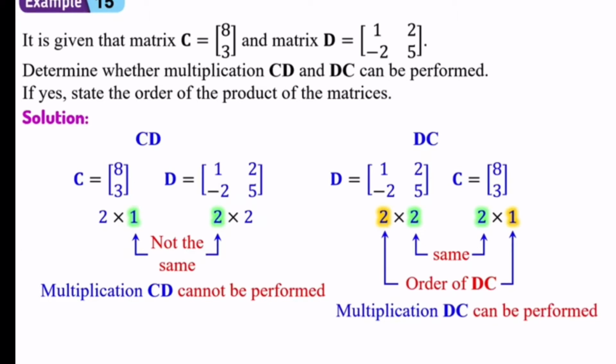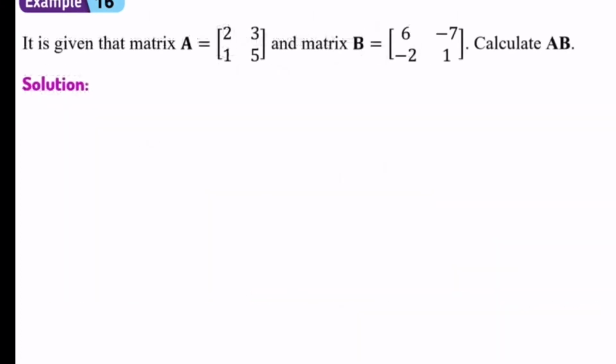Alright, let's discuss another example. It is given that matrix A is 2 1 3 5 and matrix B is 6 negative 2 negative 7 1. We want to calculate the multiplication of matrix AB.